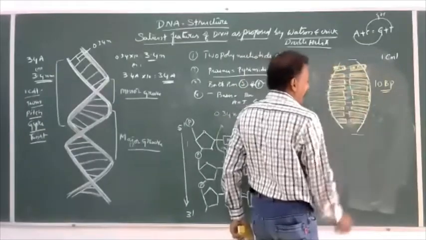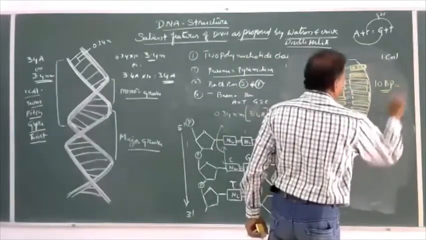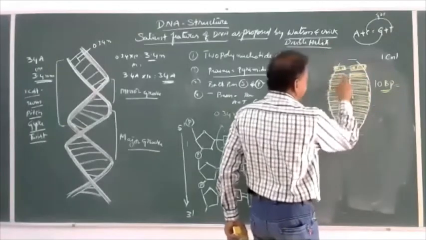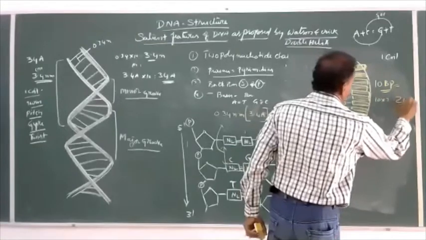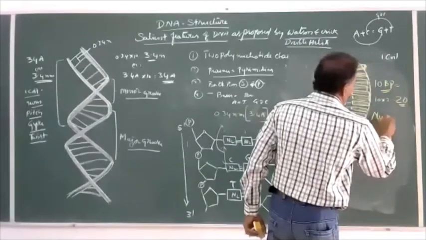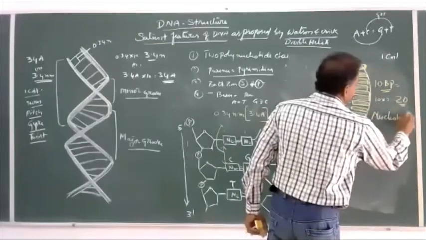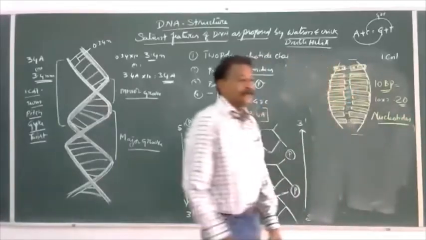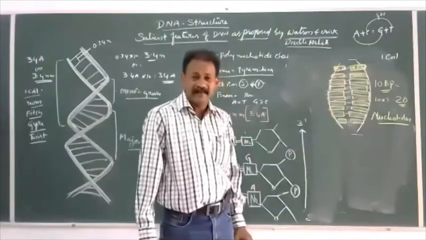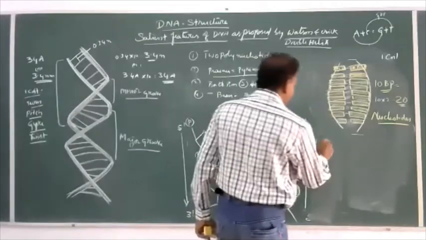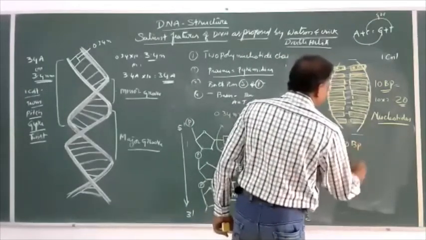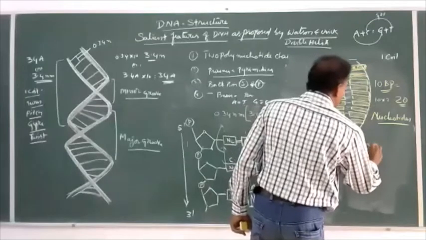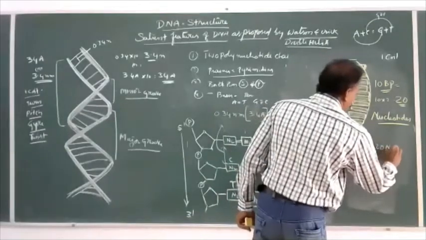10 base pairs is equal to 10 into 2, 20 nucleotides. So one coil consists of 10 base pairs, which is equal to 20 nucleotides.